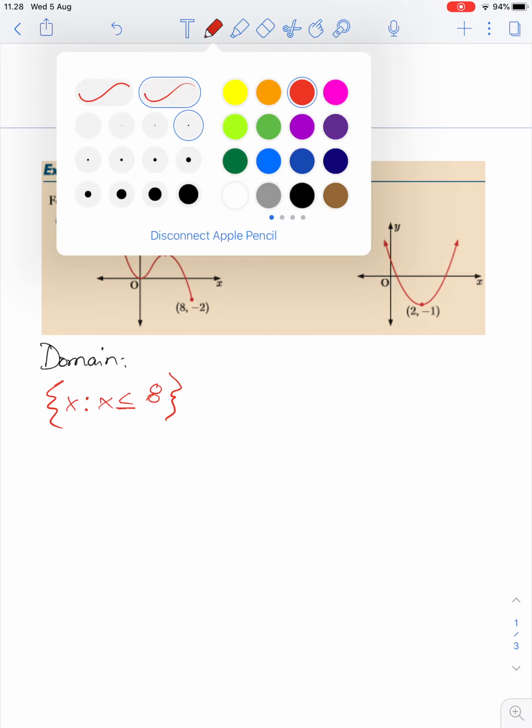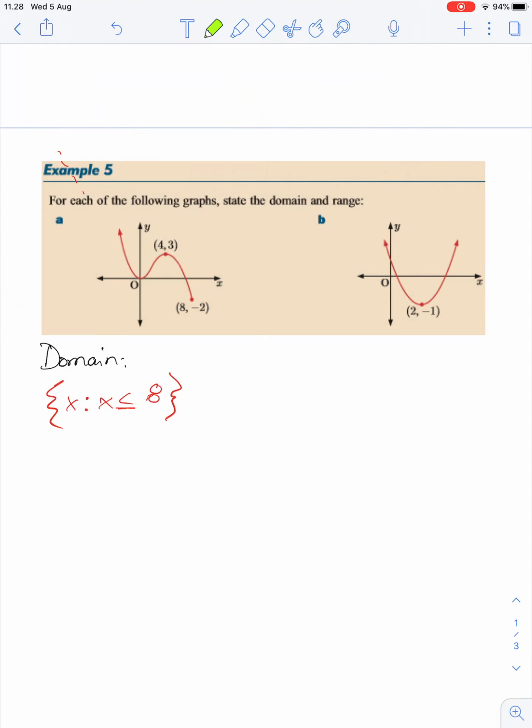Now we'll move to my range. My range, I'm just talking about my y-axis. I'm just going to be looking at my y values. Notice that, again, this part here stops here, and this keeps going on forever and ever.